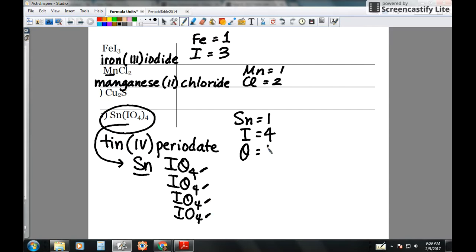And so there are 16 atoms of oxygen in one formula of tin 4 periodate. You can tell it's a little bit more complicated. Let's take a look at the next questions from the quiz.